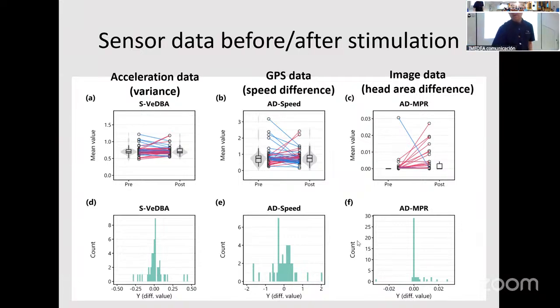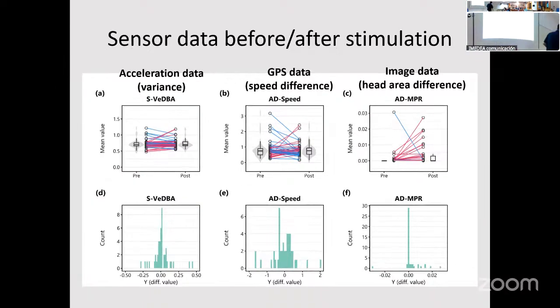Okay. We could analyze sensor data collected before and after the stimulation. Here are the results for acceleration movement intensity, speed difference, and head movement from image data.